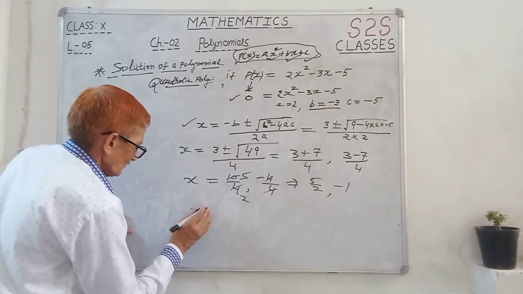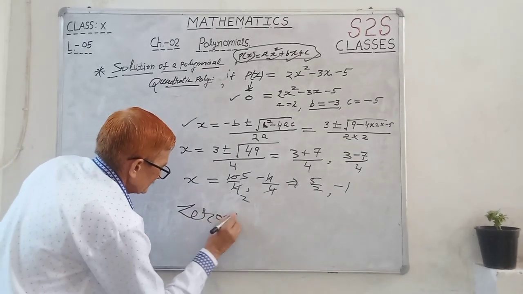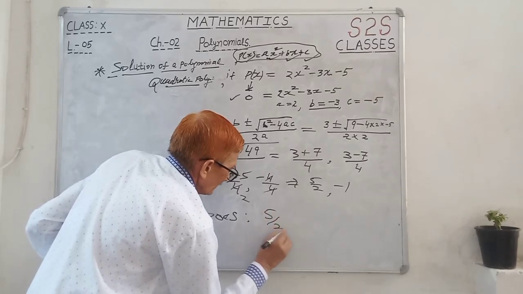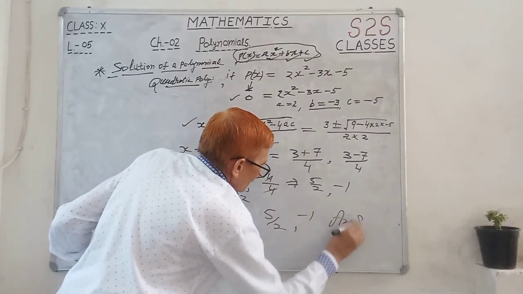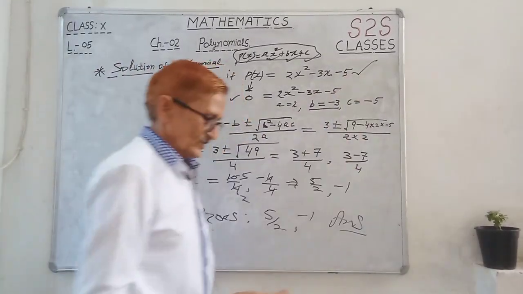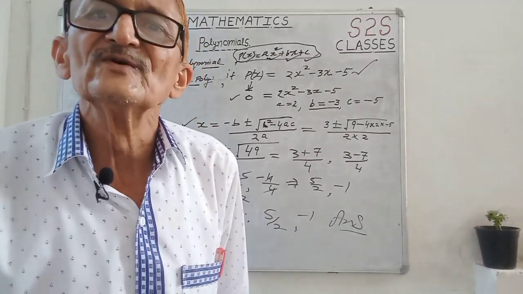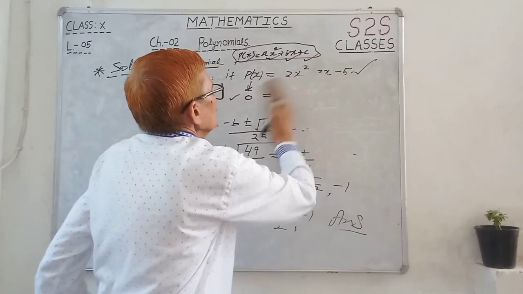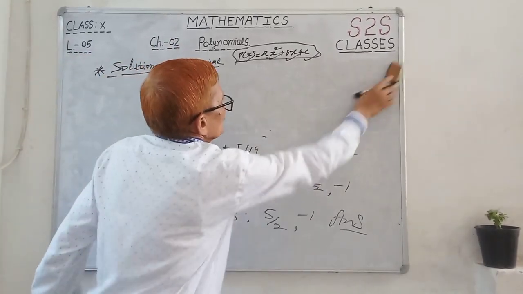So the zeros are 5 upon 2 comma minus 1, answer. So these are the zeros of a quadratic polynomial. Now I want to tell you one point at the end, the formula for the sum of the zeros and the product of the zeros.